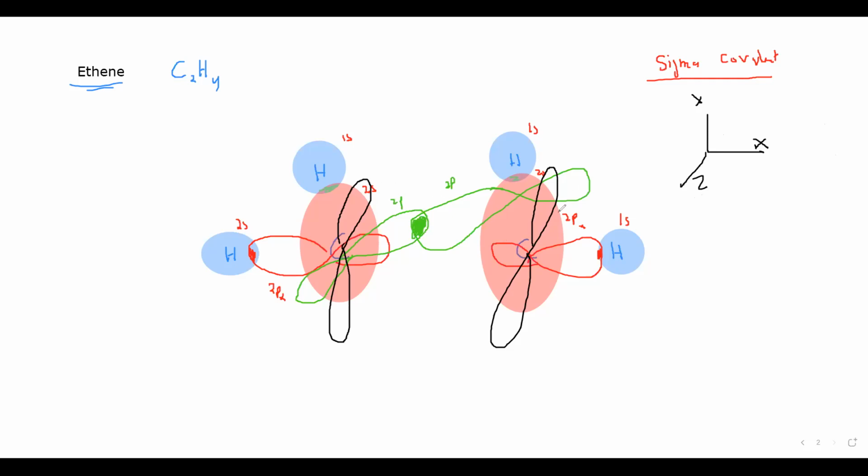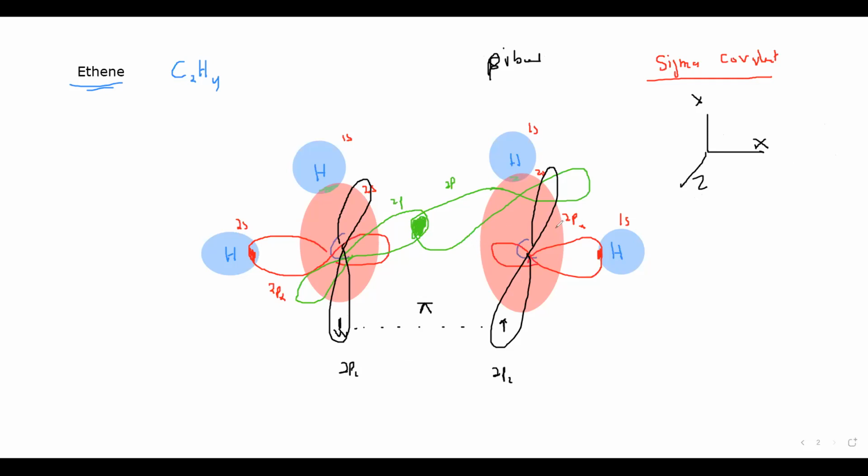So the z orbital, 2pz, cannot overlap with 2pz. But still they have attraction, because the electron in one is moving clockwise and the other anti-clockwise. This attraction is known as a bond, but it is a weak bond known as the pi bond.